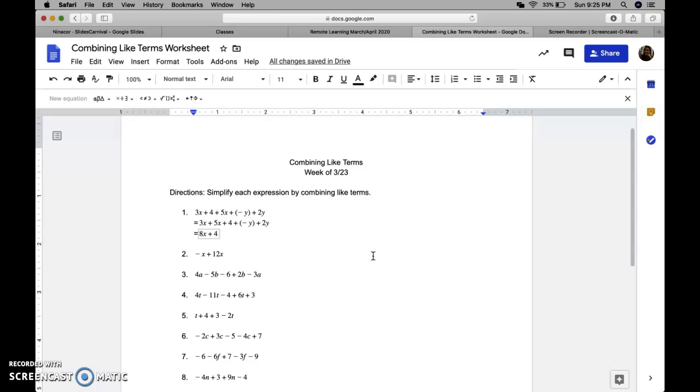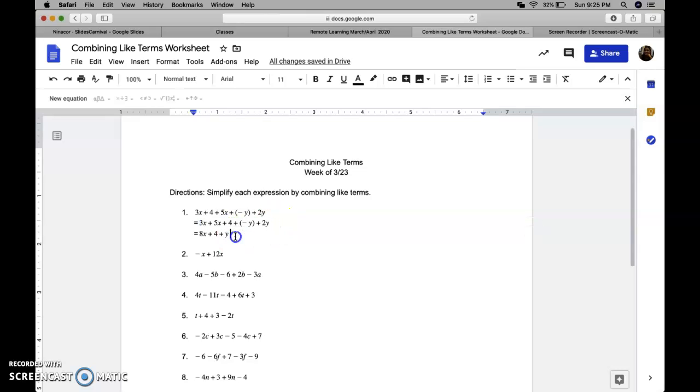And then negative y plus 2y, which you want to think of as negative 1 plus 2, that's positive 1. So negative y plus 2y is going to be 1y, but that's the same as just y. So this is just going to be plus y. And so this is your simplified algebraic expression, and this is your work.